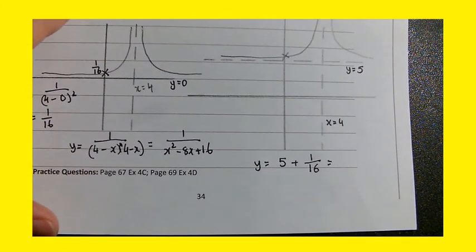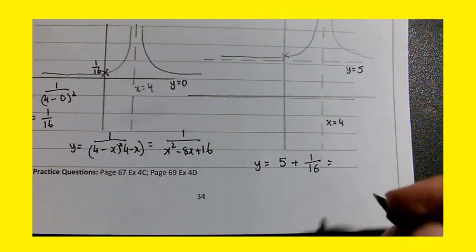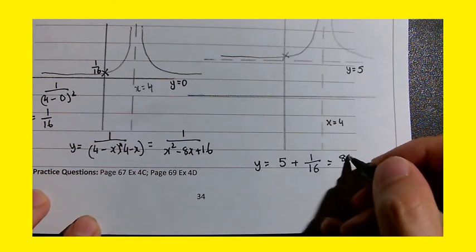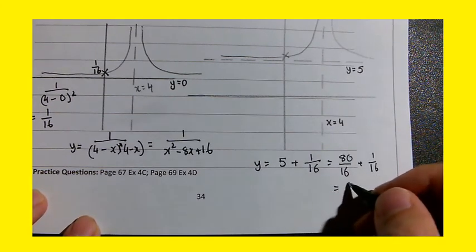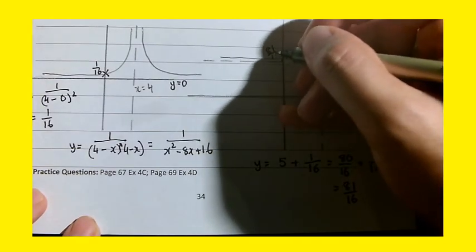And if you were to think about how you're going to write that as a fraction, then you've got to add 5 and 1 over 16 together. If you were to convert that into a fraction, 80 over 16 plus 1 over 16, 81 over 16. It's going to be that.